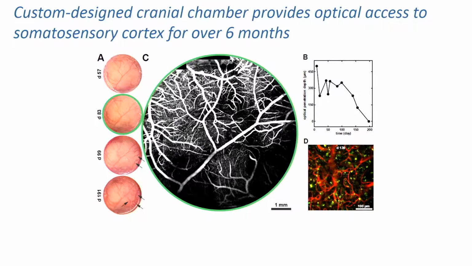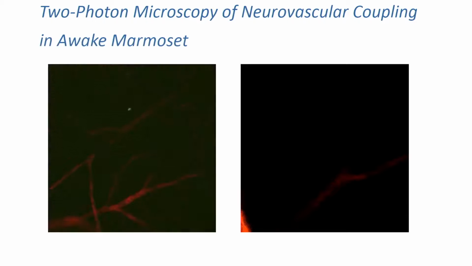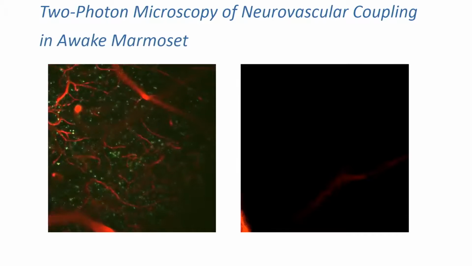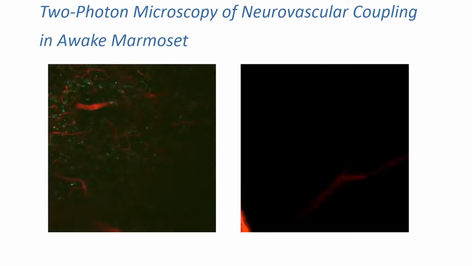We see here the optical clarity of this window is maximum in days 2 or 3 post-surgery, and it degrades with time, so that by 6 months, most of our optical clarity has gone away, and this is mainly because dura regrows, and we lose the clarity.